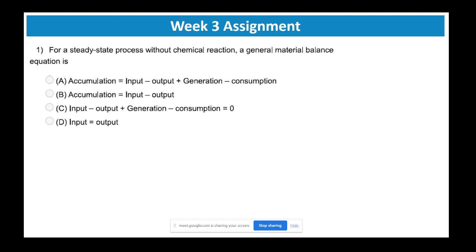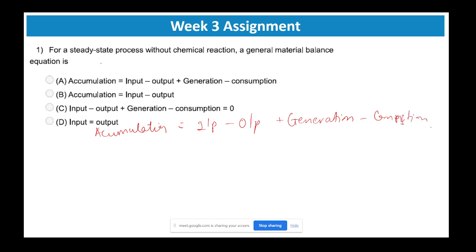The first question is, for a steady state process without chemical reaction, what is the general material balance equation? A general material balance equation is accumulation equals input minus output plus generation minus consumption.